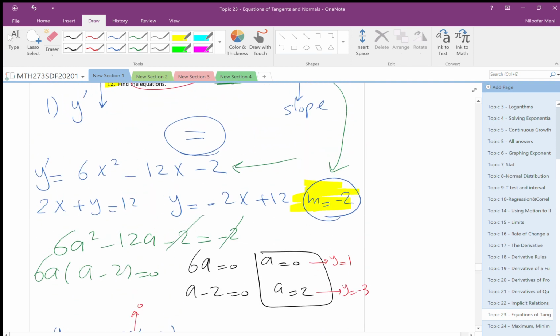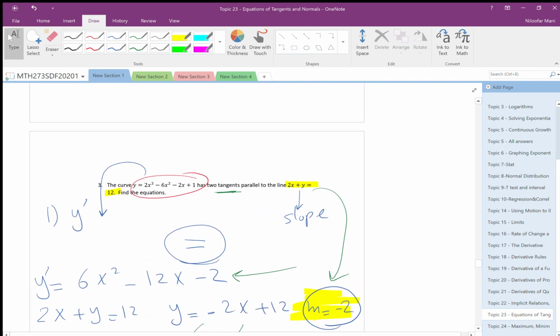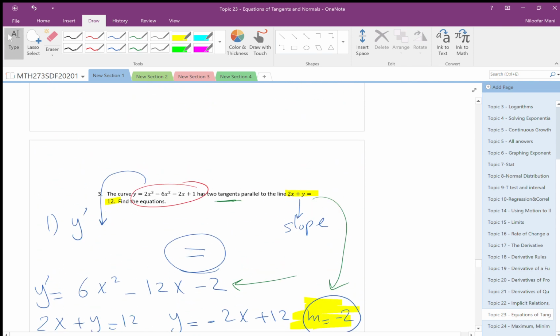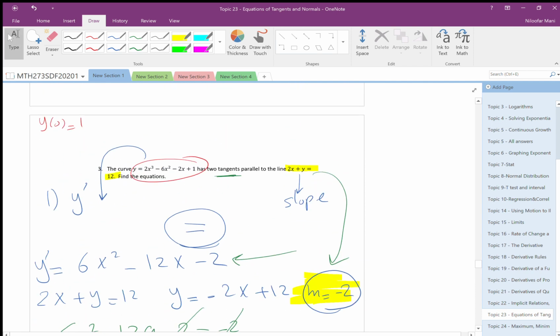Okay, look at that here. I can do it not in my head. So y0 is 1, I put there, and y2 is 2 times 8, which is 16, minus 6 times 4, which is 24, minus 4 plus 1, which is minus 8 minus 4, it's minus 12 plus 1, minus 11, right?